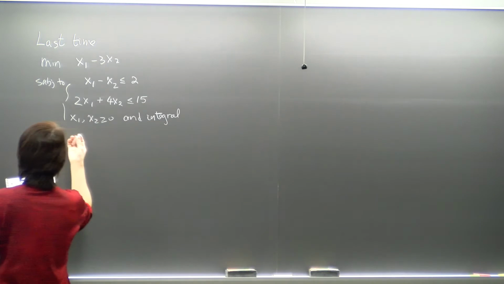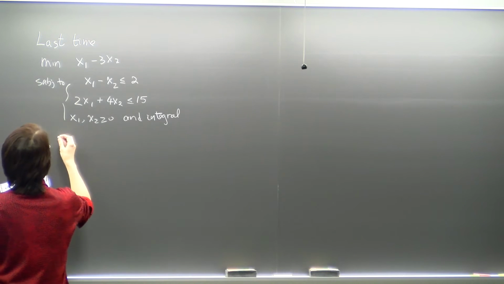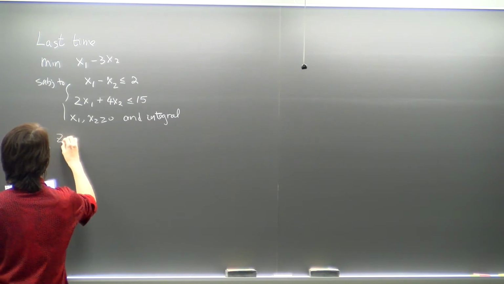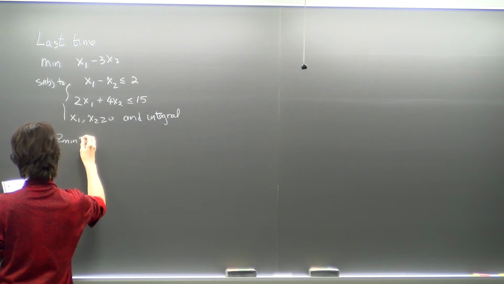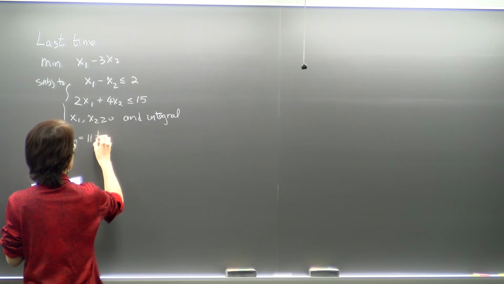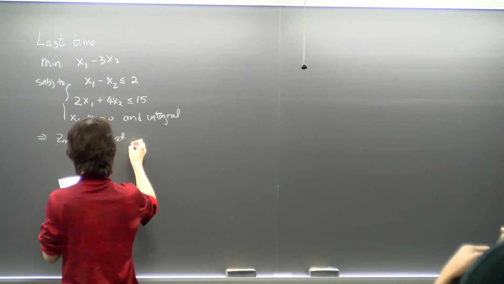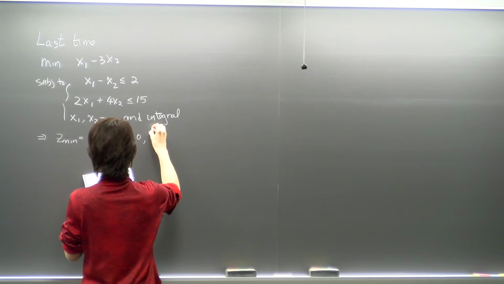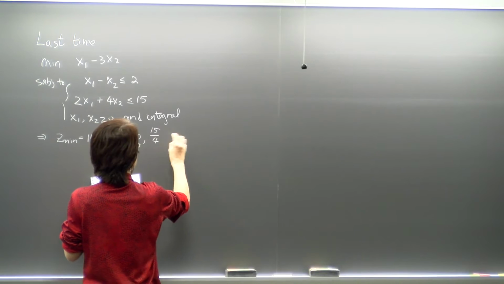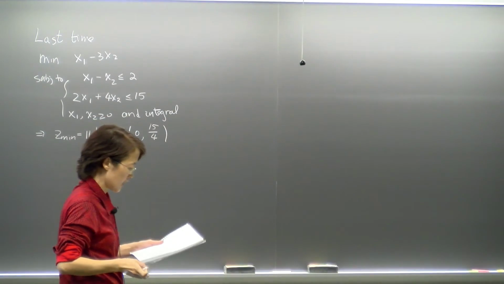So for this one, I found out the z-min for this problem was, what was that? Well, that doesn't really matter, but it's obtained at 0, 15/4, and then there are slack variables I'm not taking.